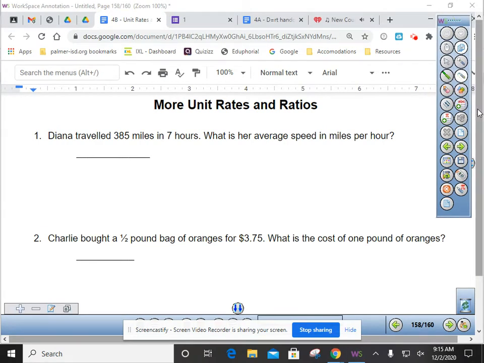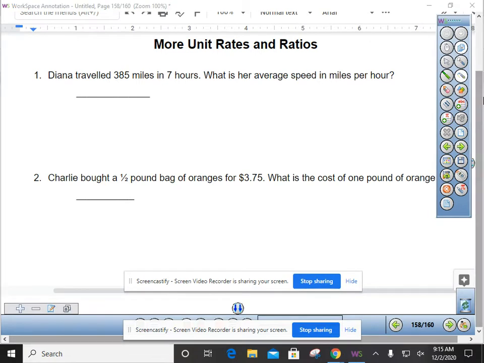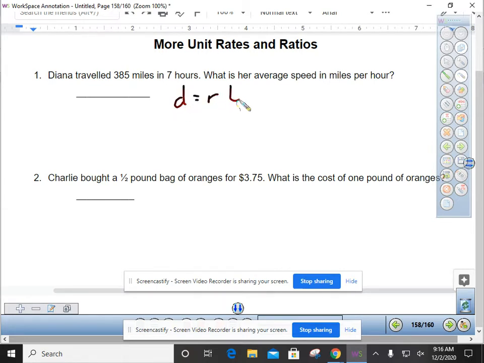Obviously, number one is exactly what we did yesterday. Diana traveled 385 miles in 7 hours. What is her average speed in miles per hour? Do you want to write the formula or do you want to do it as a proportion? Formula. What is the distance? And what is it asking you for?